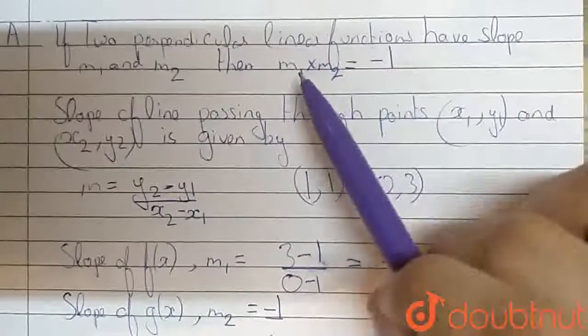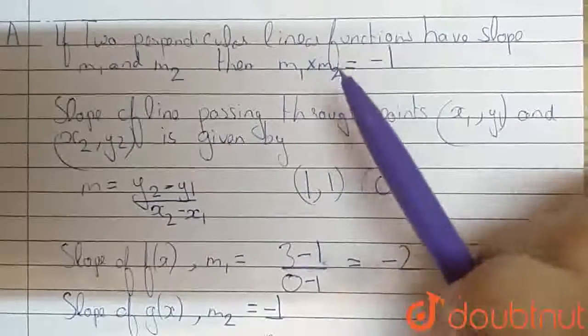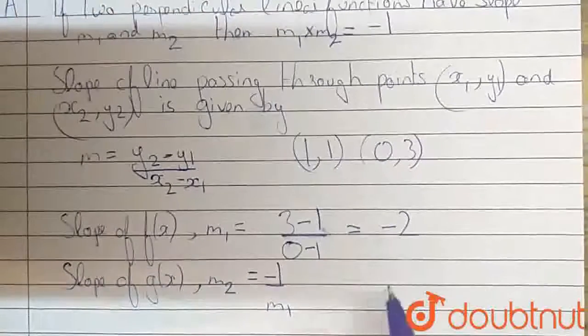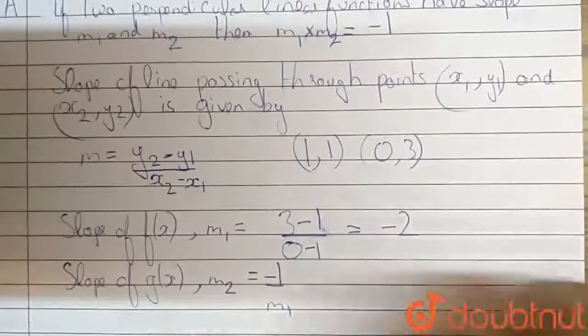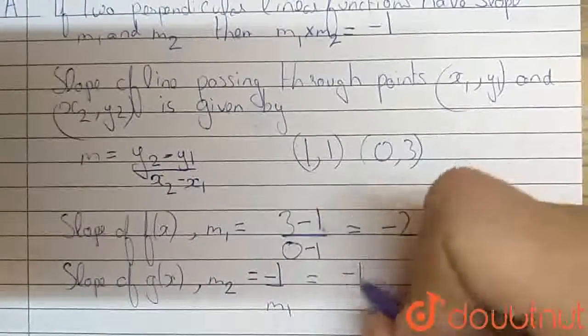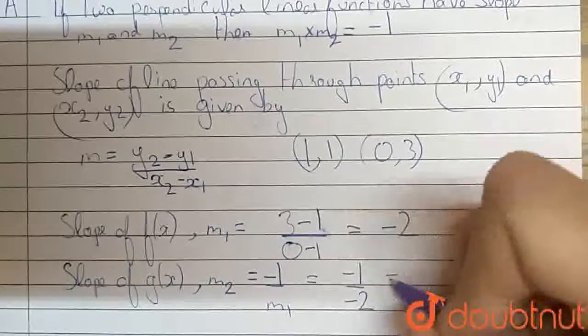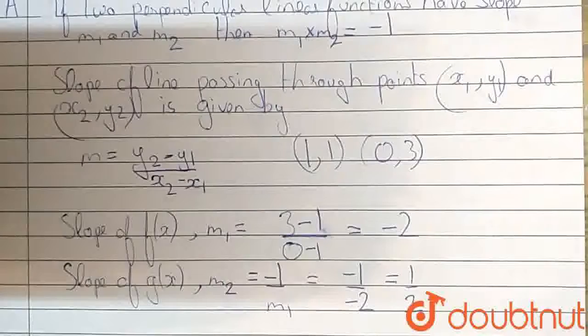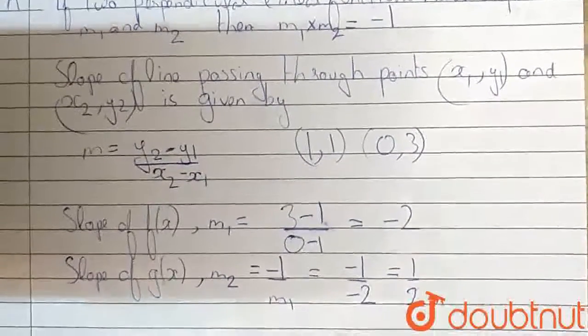Here we have just taken this m1 down. So the slope m2 is equal to -1 by m1. Since m1 is equal to -2, we write this as -1 by -2, which is equal to 1 by 2. So now we have the slope of the line g(x), but still we do not have the entire function g(x).